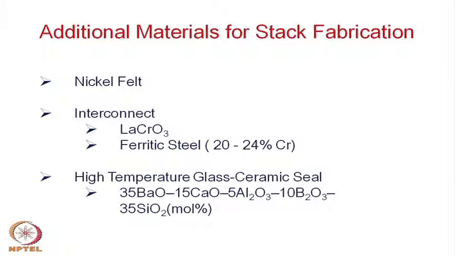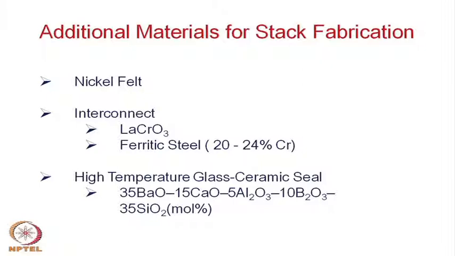One of the major problems here is the matching of the thermal expansion between the metallic interconnect, if a metal is used as the interconnect material, and the ceramic electrolyte plate or the anode or cathode plate.